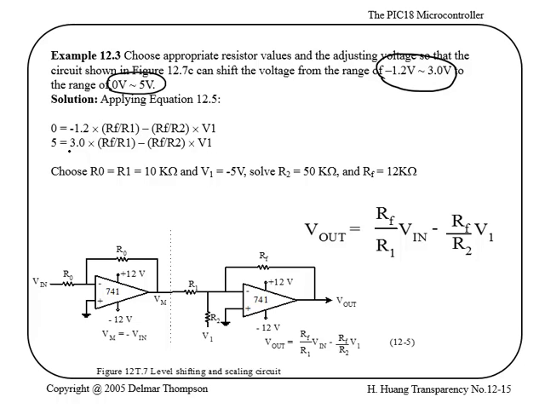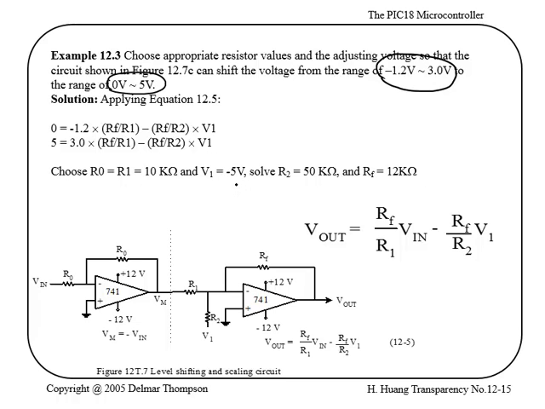Now note here that you have two equations, but you have 4 unknowns. You have V1, R1, R2, RF. Right, so you have a lot of flexibility in picking the values as you wish, and here is one choice that they used.